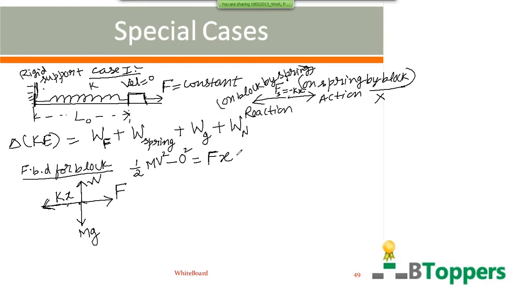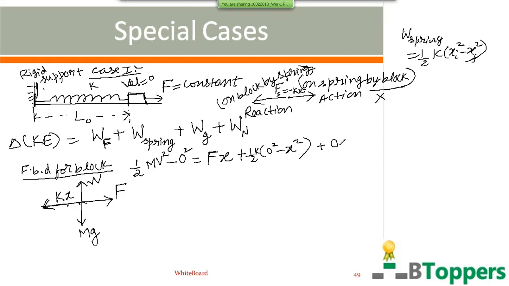Work done by elastic force by the spring is given, in general, as I discussed earlier, by half k into (xi square minus xf square). Here initially the spring has natural length, so initial elongation is 0. So xi is 0, and xf is equal to x. Work done by the gravitational force on the block will be 0 because the gravitational force acts perpendicular to displacement.